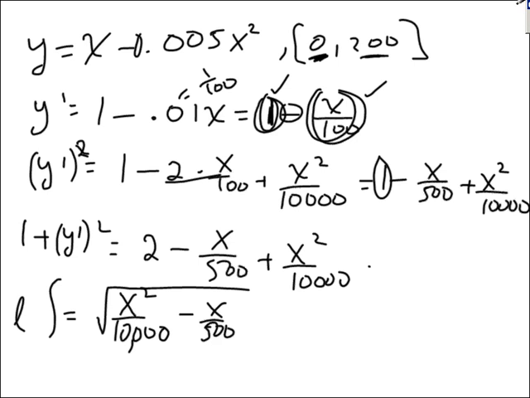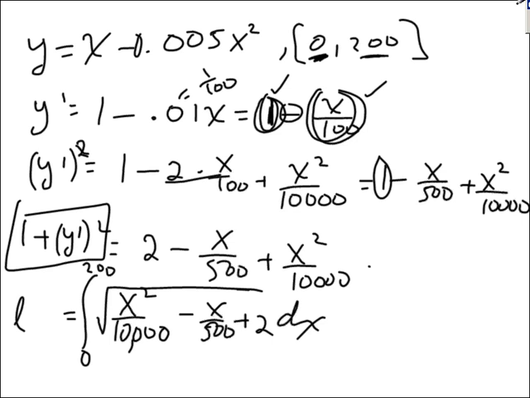Like I said, at least I'm pretty sure I said, this is only going to work from 0 to 200. This is only going to work if 1 plus dy/dx squared is a perfect square.